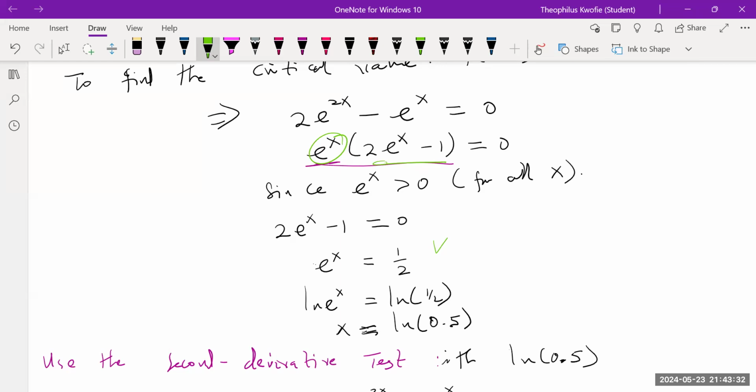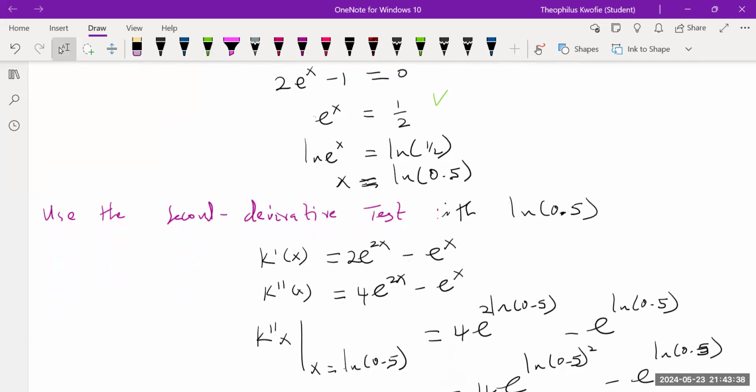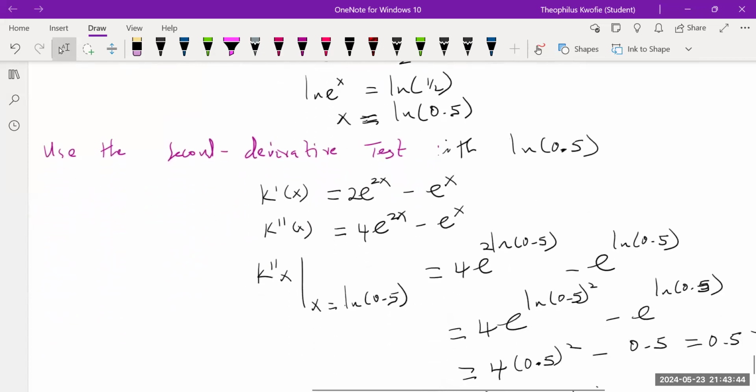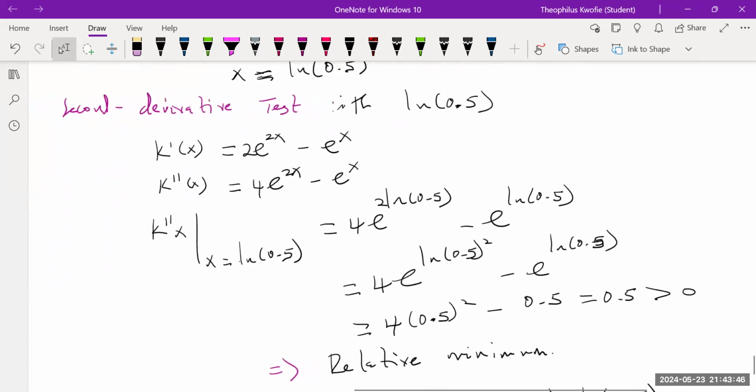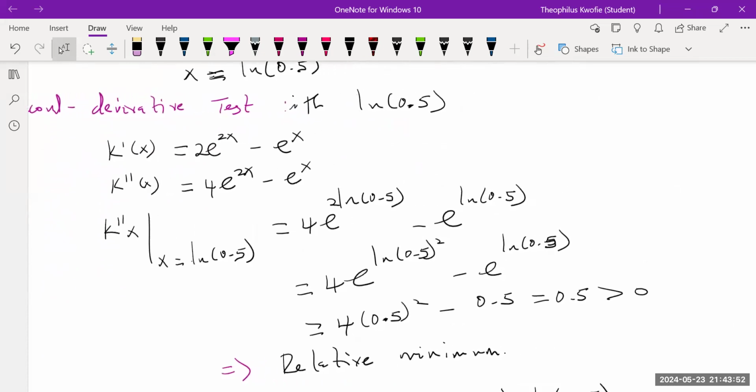Good. And then we had the natural log of 0.5. And since we are using the second derivative test, we have to find the second derivative, then evaluate it at the critical value. And when we did that, we saw that the second derivative evaluated at the critical value ln of 0.5 was positive, which indicates that we have a relative minimum, okay?